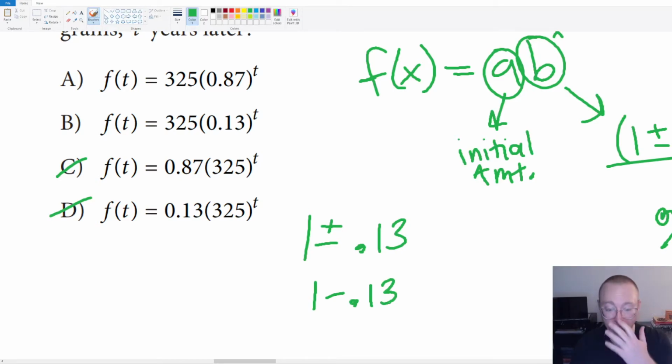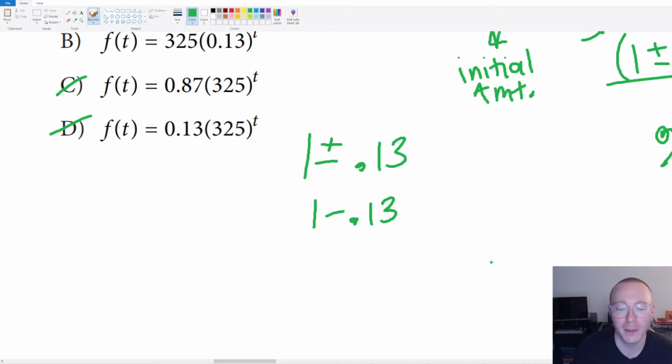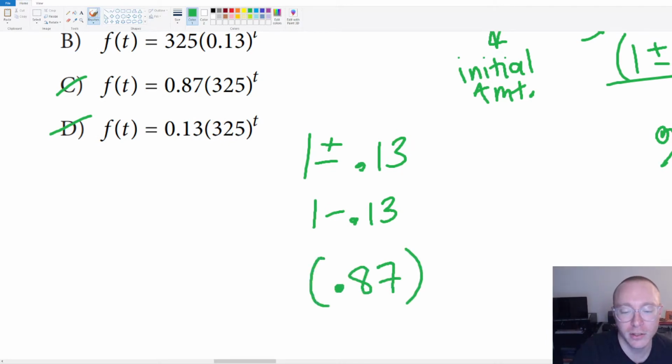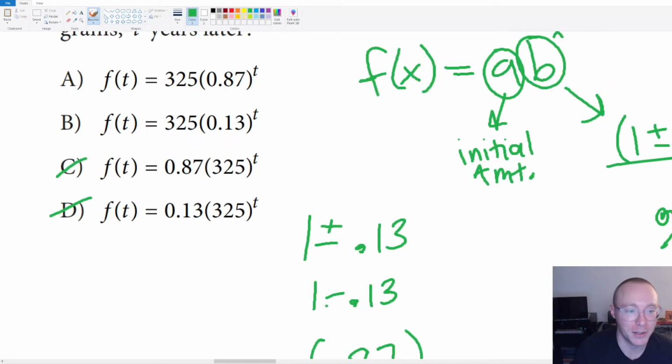You should be able to do that math mentally. It's like 100 minus 13 or 1 minus 0.13, whichever way you want to think about it. If we take 0.1 away, that takes us down to 90%. If we take another 3% away, we're going to end up at 87%. You're going to get 0.87. And this is going to be the thing that is in the B position.